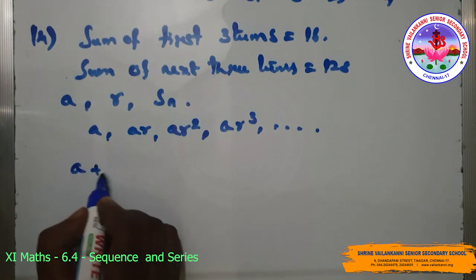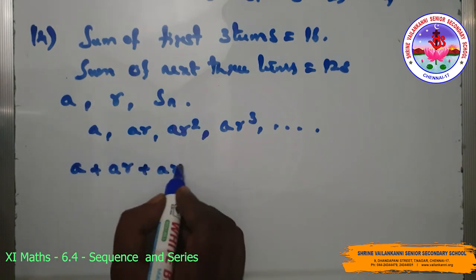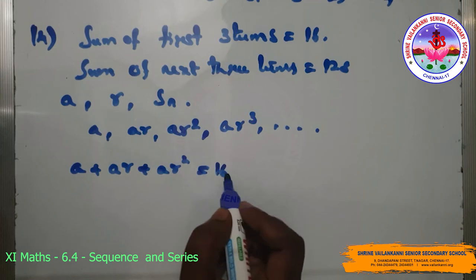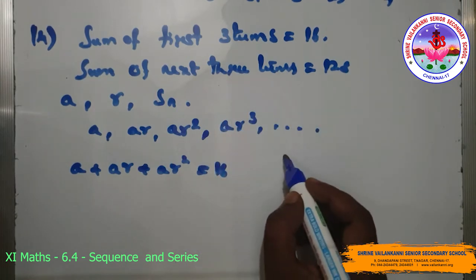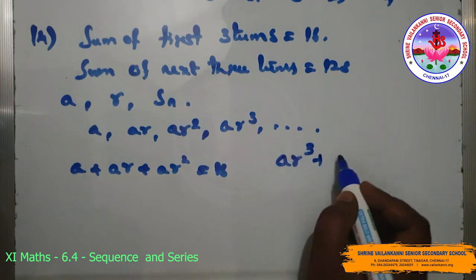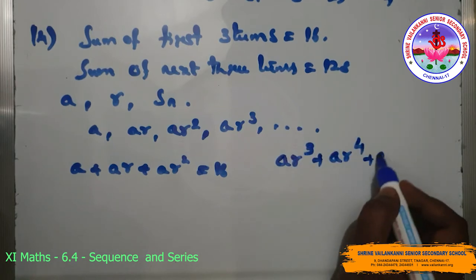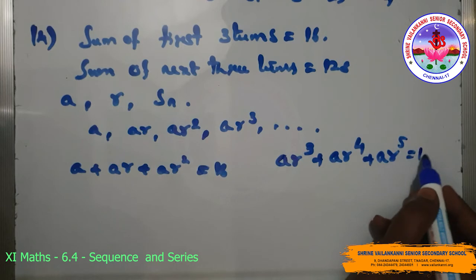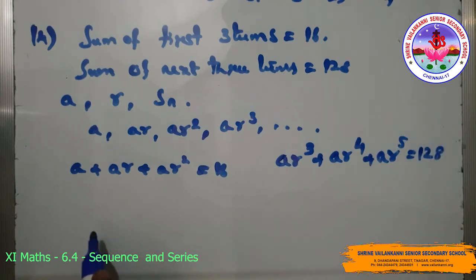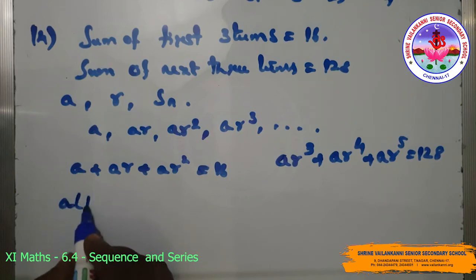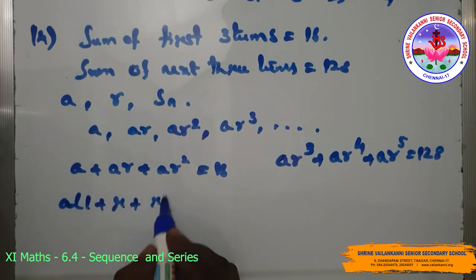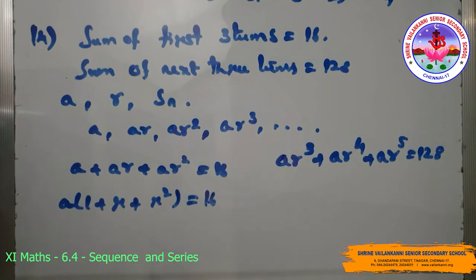So A plus AR plus AR square, which is equal to 16. And the next 3 terms: AR power 3 plus AR power 4 plus AR power 5, which is equal to 128.